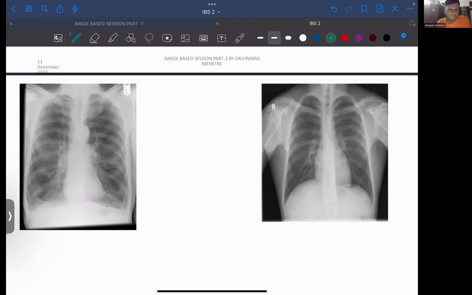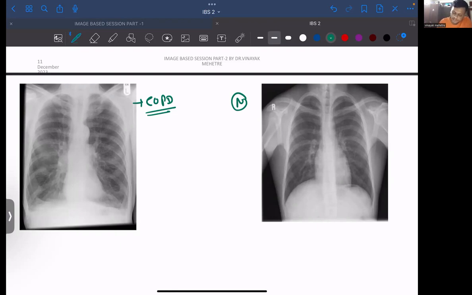All of you are smokers, right? So normal is not normal nowadays. This one is normal. This one is for a COPD patient. Sooner or later, your X-ray will become like this. Now, tell me what is the difference between COPD X-ray and normal X-ray?